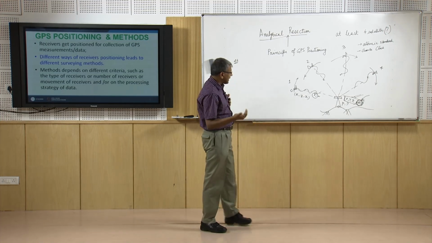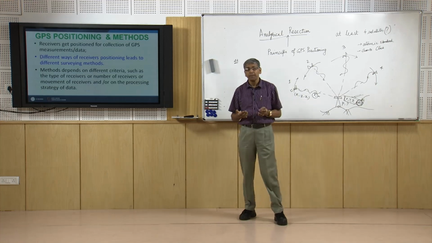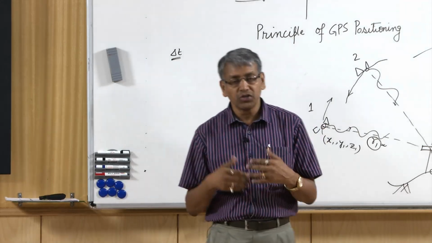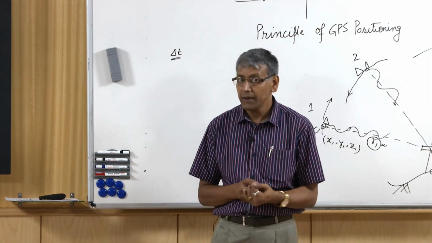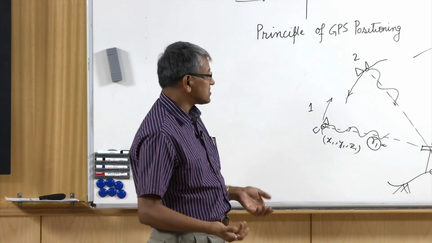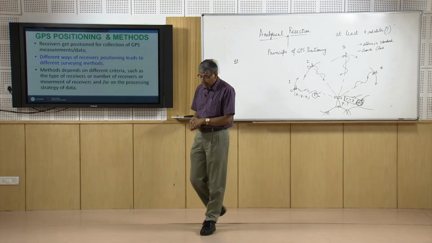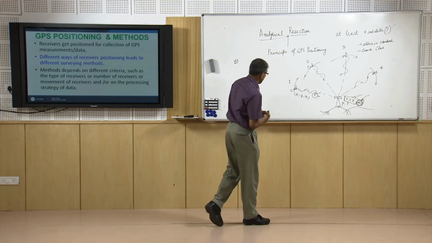Depending upon the field condition, the type of object whose position has to be determined, and the accuracy requirement, these methods vary. Again, these methods will vary in how we place the receiver in the field.